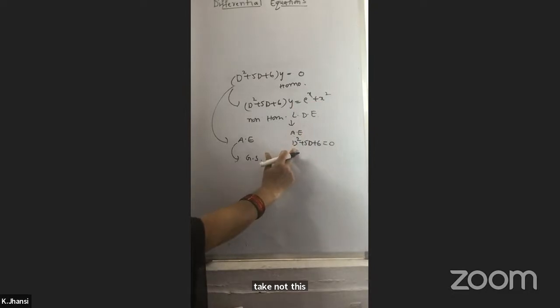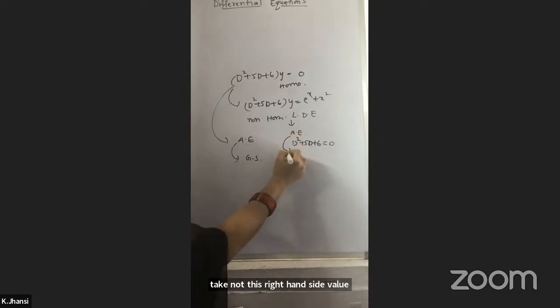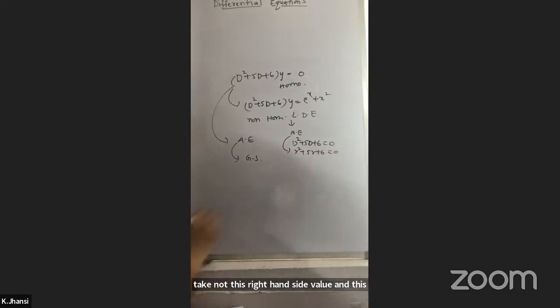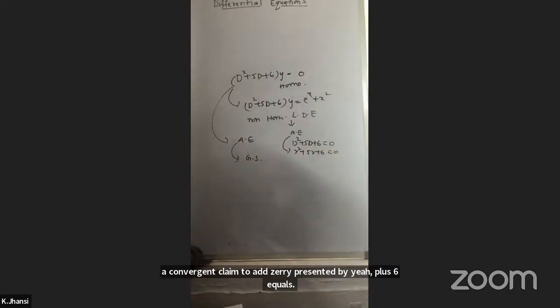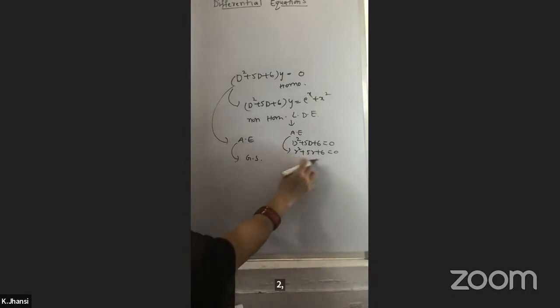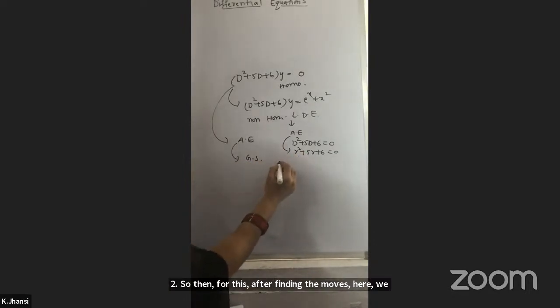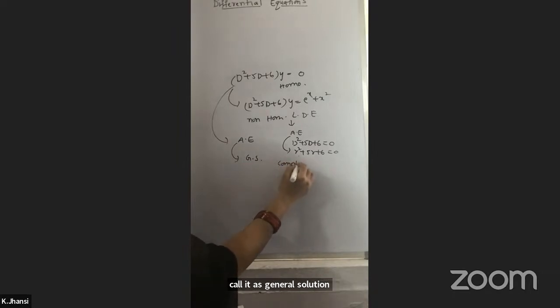Convert it to r square plus 5r plus 6 equals 0. After finding the roots, here we call it the complementary function.